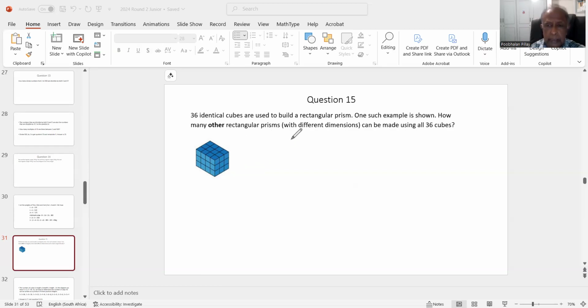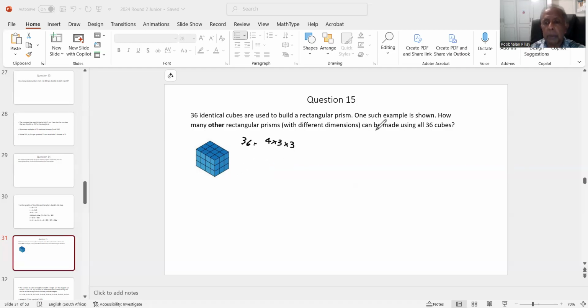So how did we get 36? 36 is really length times breadth times height. So 4 times 3 times 3 is how you get to 36. 4 times 9. All right.